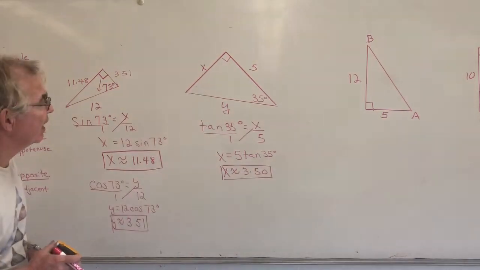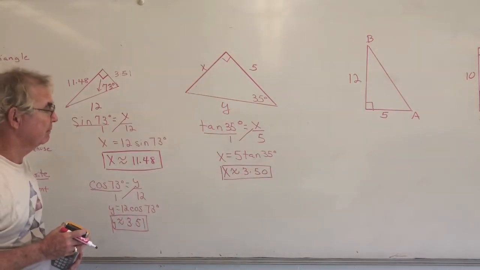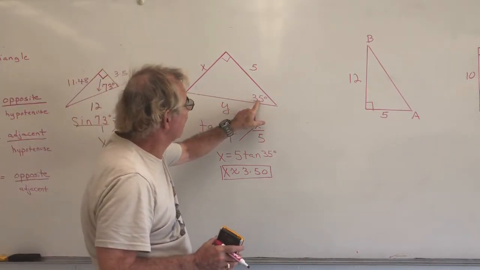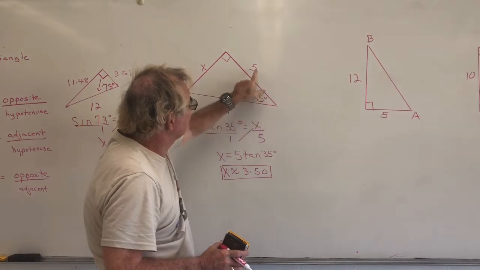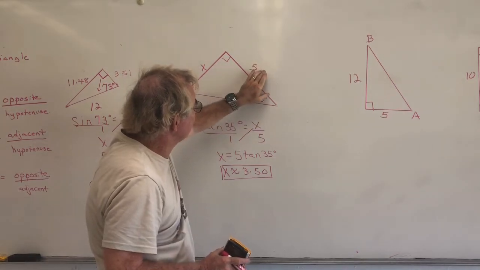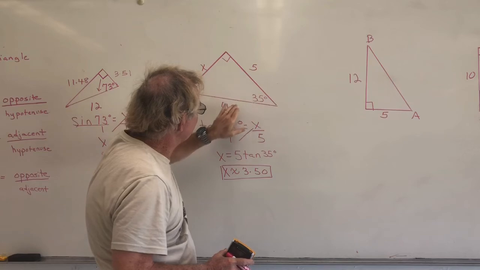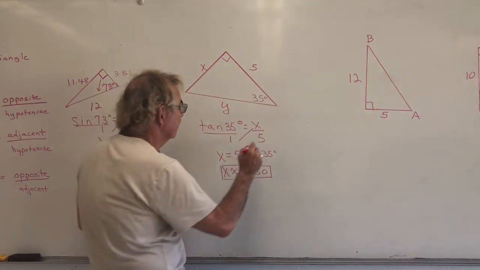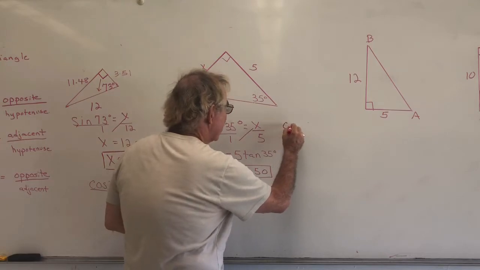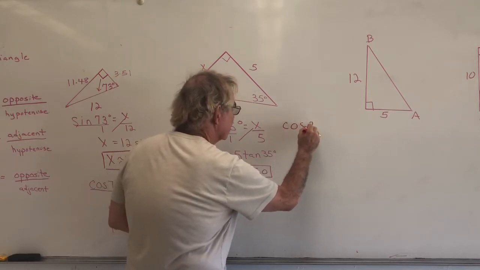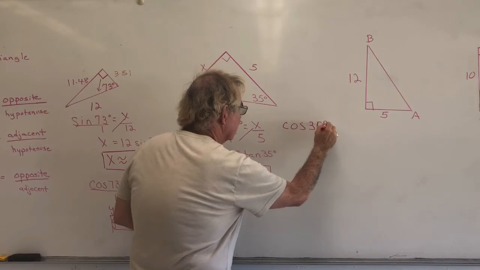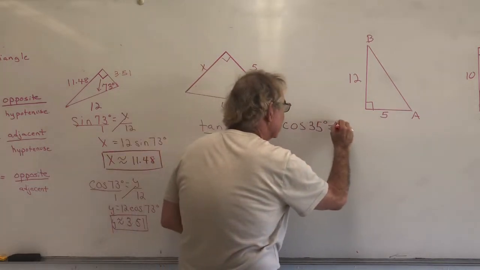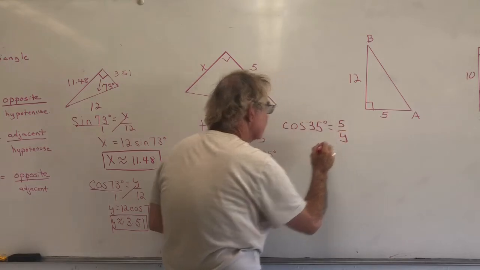Now, we need to find side y. Let's look at what we have. We have 35 degrees, we have this side, which is your adjacent, which is 5, and we're looking for the hypotenuse. So we could introduce the cosine of 35 degrees is equal to your adjacent 5 over your hypotenuse, y.